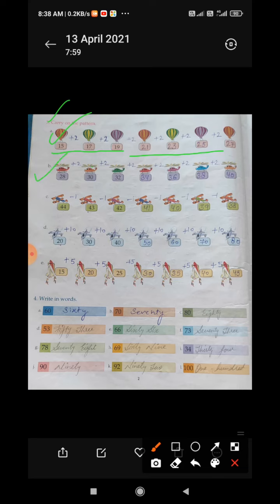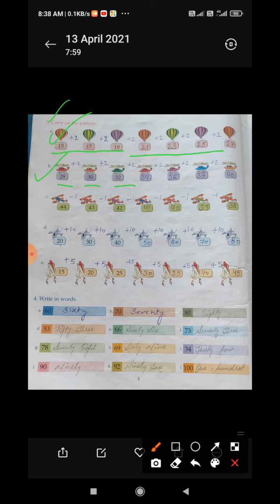Now B part. 28, 30 and 32 are given. Here you can see these are alternate numbers, and you can do it like this also. You have to add 2 to 28. Now you will get 30. Now add 2, you will get 32.